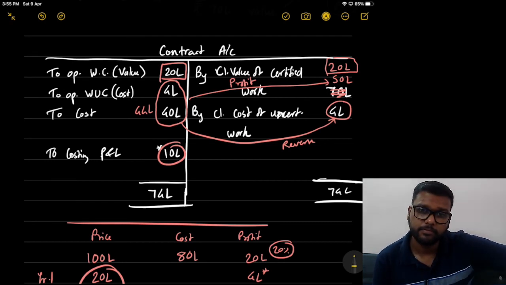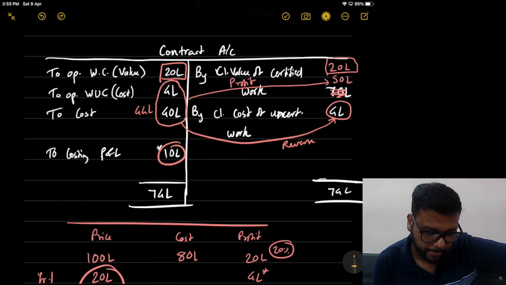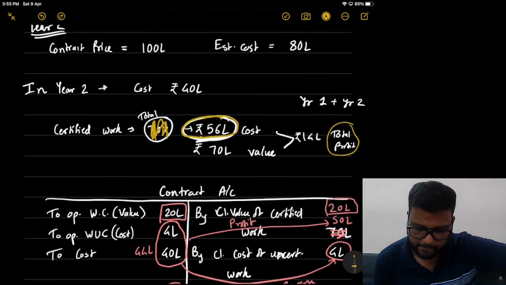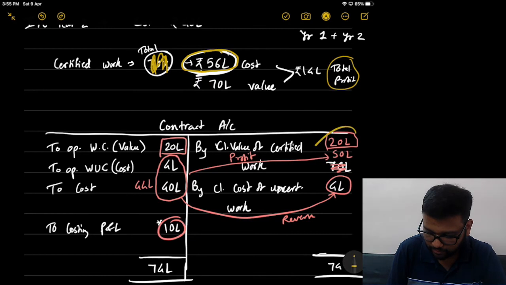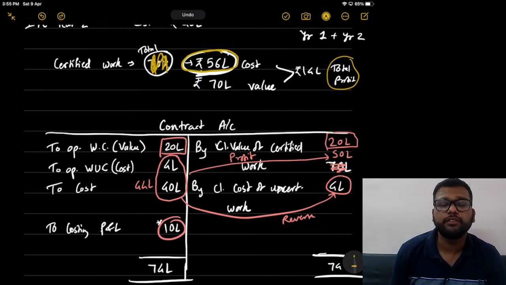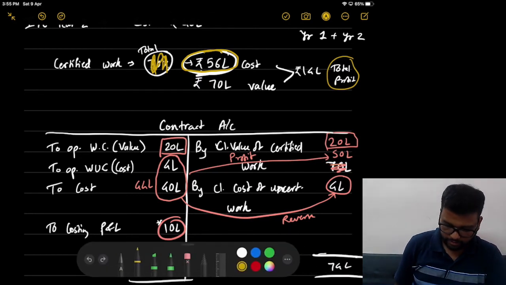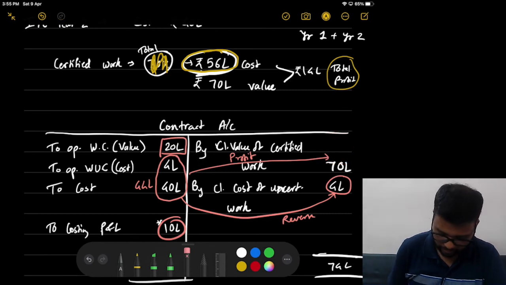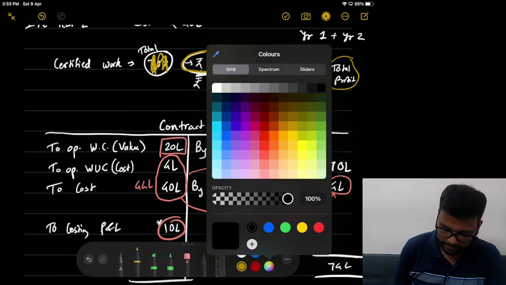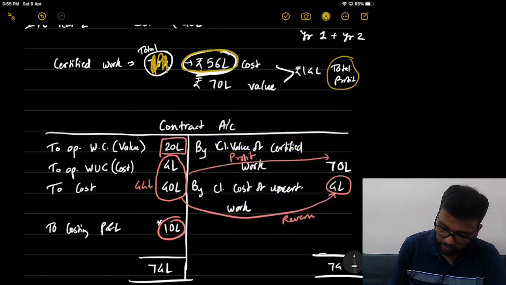Clear? But I am still confused in that how that 70 lakhs is divided into 20 and 50? Okay, that I just wrote for explanation. Understand? That 70 lakhs is work certified, I agree. But out of that 70 lakhs, can I say 20 lakhs was already certified and 50 lakhs was certified in this year?